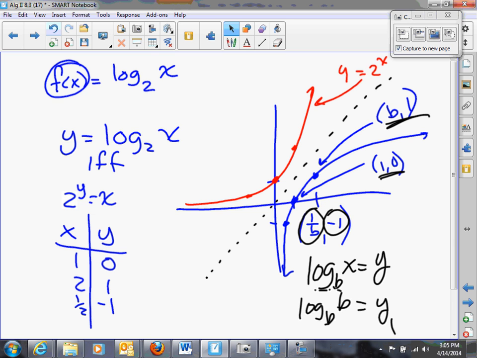So you're going to have to do some graphs. Now, there's a couple of things you can do. One of the things you can do when doing a logarithmic graph is to find these 3 points, (1/b, -1), (1, 0), and (b, 1), and take it from there.